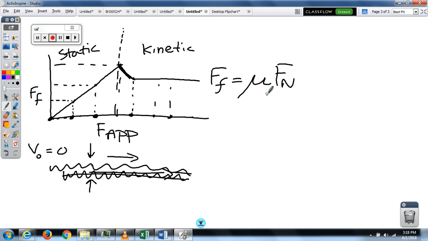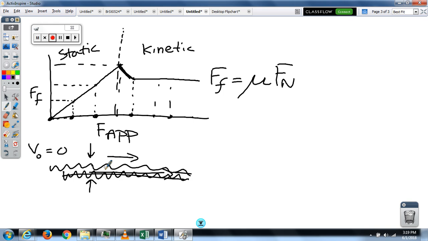So the closer these two surfaces are together, the harder they push back, and the more friction you would expect to see. One factor of mu could be whether the surface is smooth or not. It may help to determine whether there are more grooves or larger grooves at a microscopic level. But for our purposes, these are numbers that can be experimentally determined.